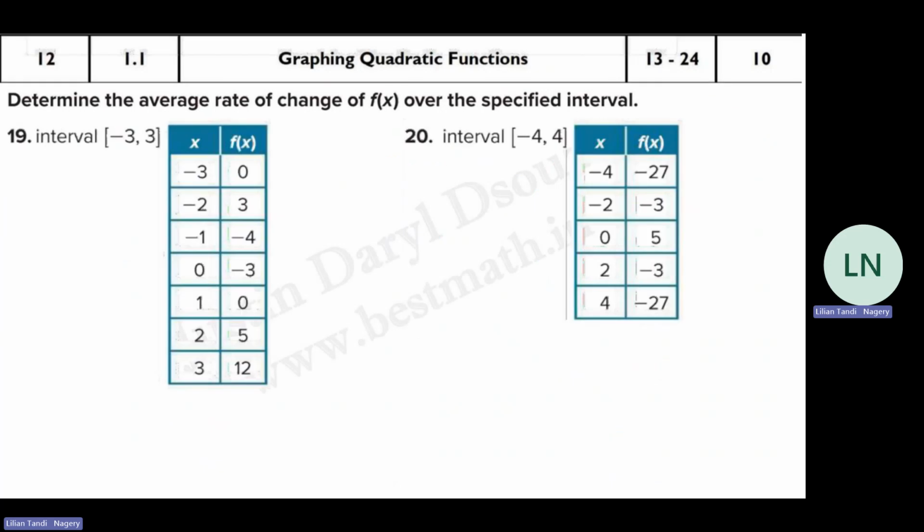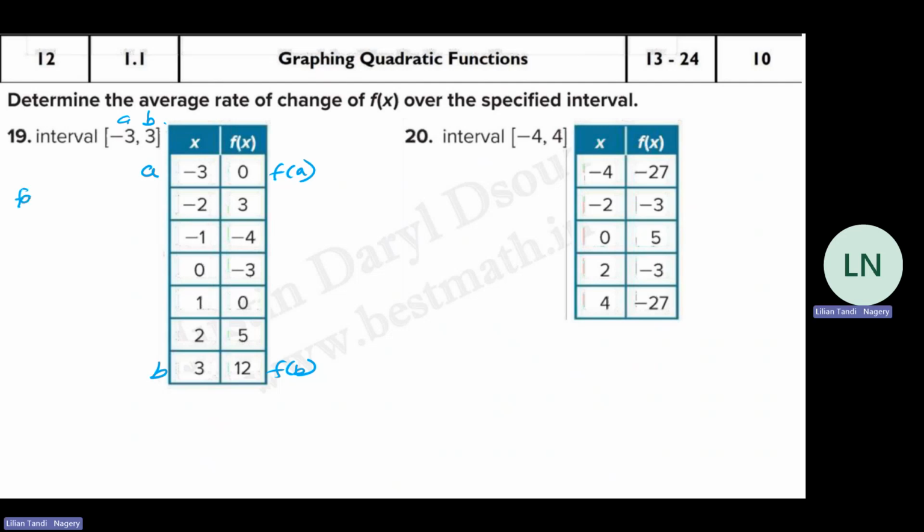Okay. Now we have a table. This is very easy. You've been given your interval. So this is A, this is B. A, B, F of B, F of A. Okay.